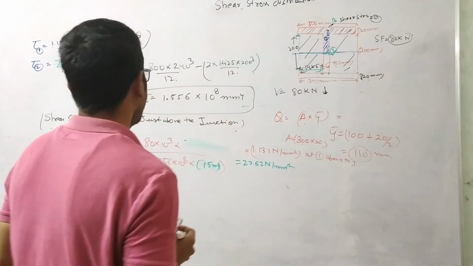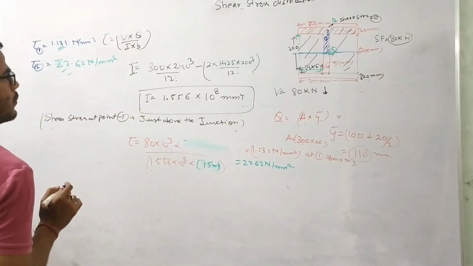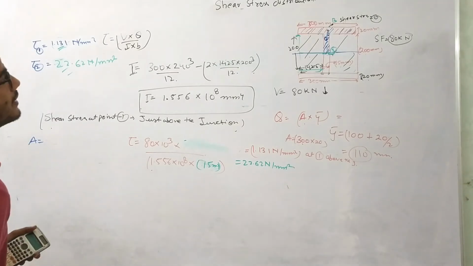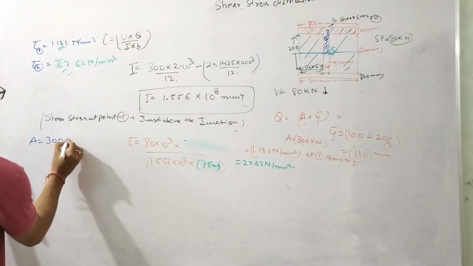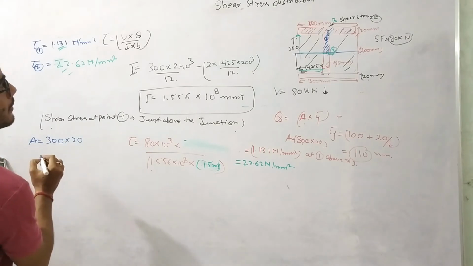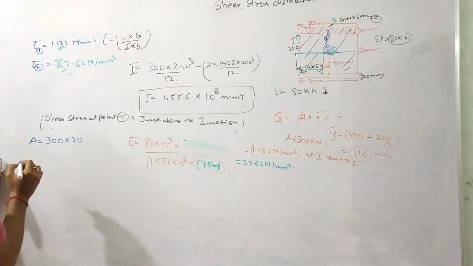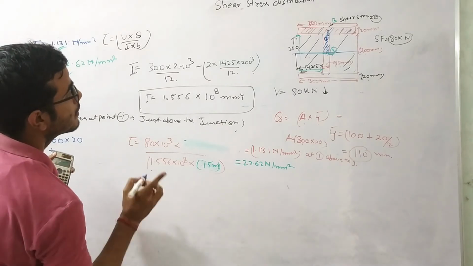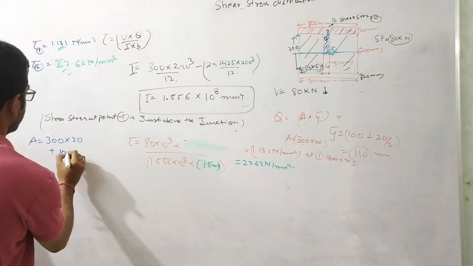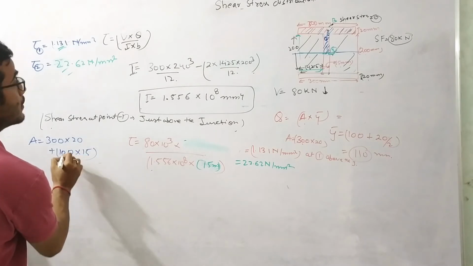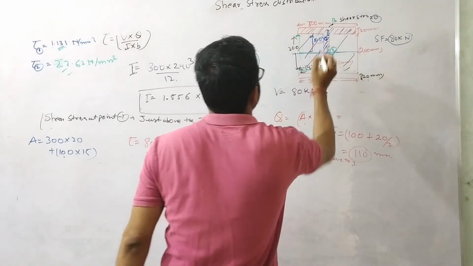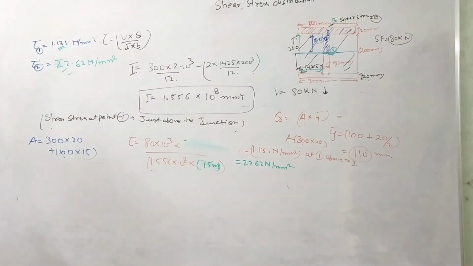Area will be 300 into 20, plus 100 into 15.